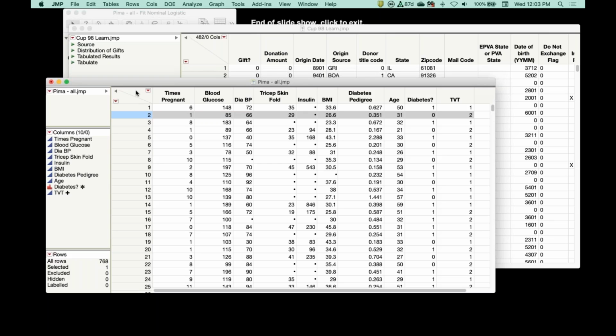Another question: can you create the predictive model with the missing data, then run the model with the imputation values, and then compare the two models and see how they perform? Absolutely, I would do that. That makes perfect sense.